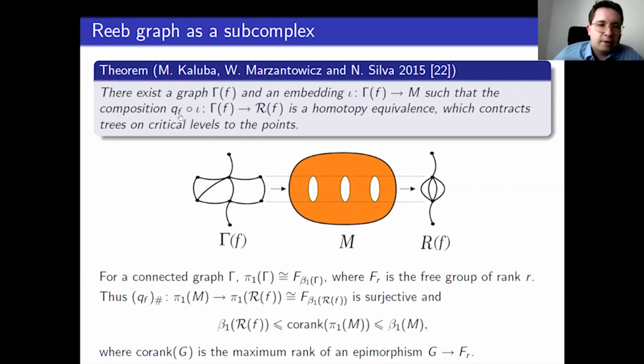From this we obtain that the quotient map induces an epimorphism on fundamental groups. The fundamental group of a Reeb graph is the free group of rank equal to the first Betti number of the Reeb graph. And so we obtain that this first Betti number of the Reeb graph, its cycle rank, is bounded by the corank of the fundamental group of the manifold, where the corank of a group G is the maximum rank of a free group onto which there is an epimorphism from the given group G.